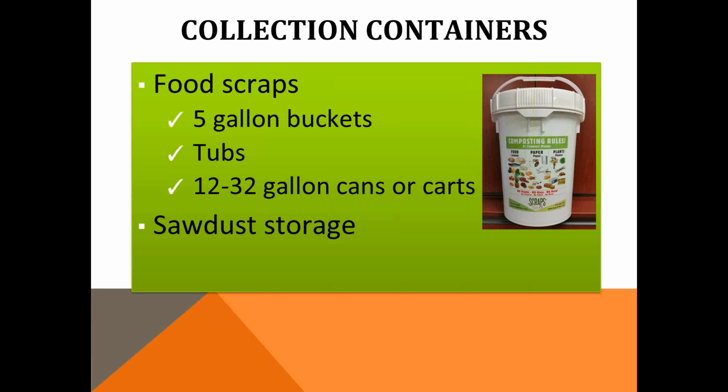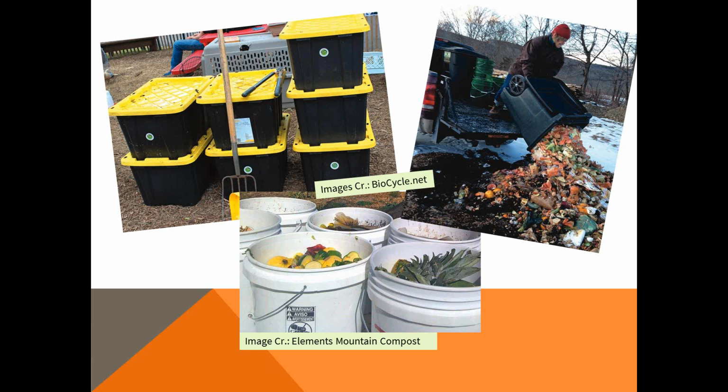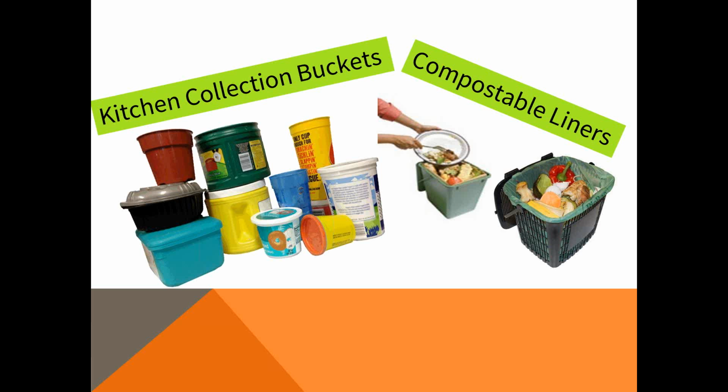I recommend sawdust for covering the food scraps, and we'll go back over that. Bear in mind that food scraps get really heavy, so you don't want anything too big that you can't maneuver and put your food scraps in and then put those into your composting system. So you got to be able to handle that. So here's just some examples of people adding their food scraps and how they collect them for the community composting.